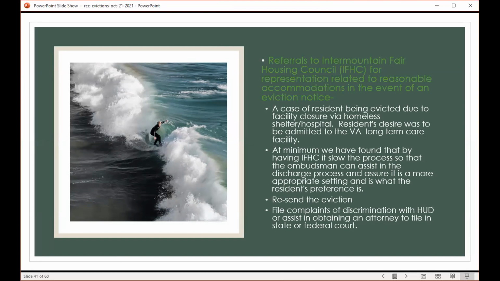And similar to legal aid, the best that we can hope for is really that the facility rescinds that eviction.